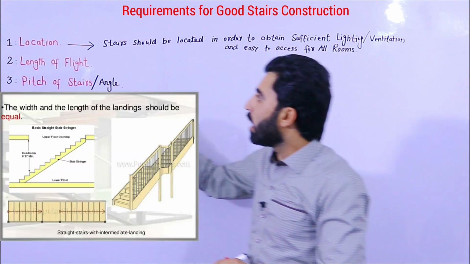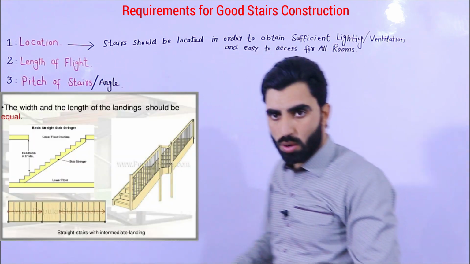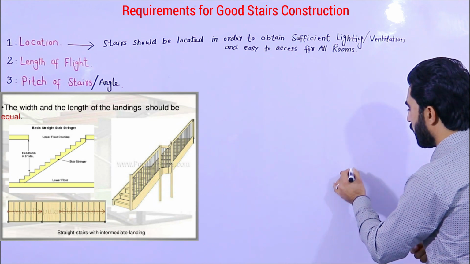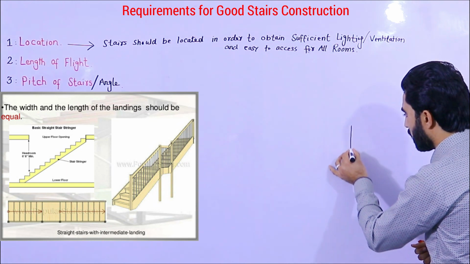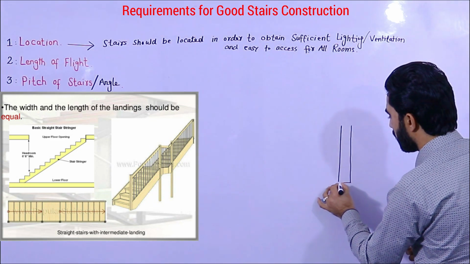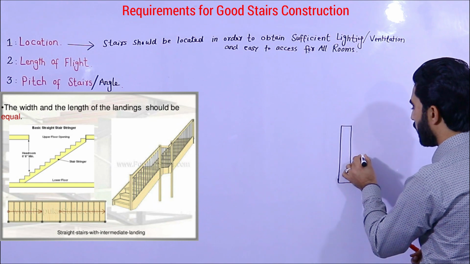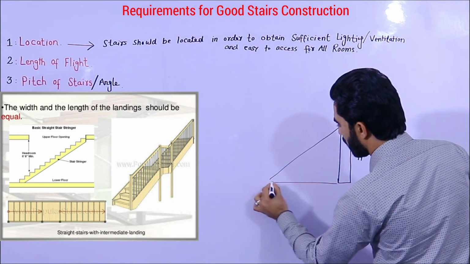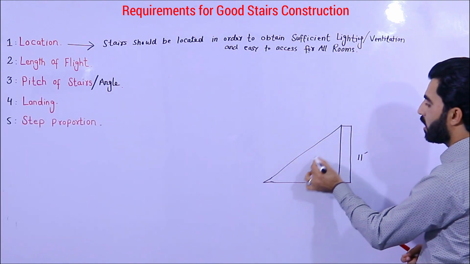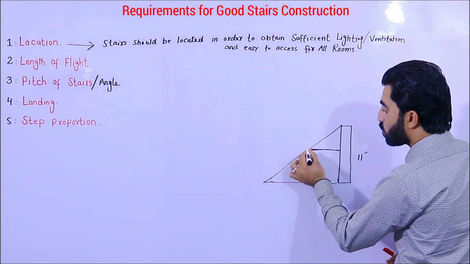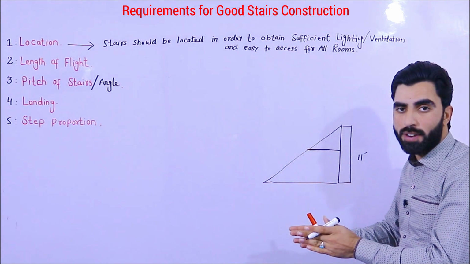Now the second is length of flight. What is the length of flight? Guys, you can see here, for example, this is the wall and I have to construct the stairs to a height of 11 feet. When we provide the landing, from the ground to the landing is one flight.